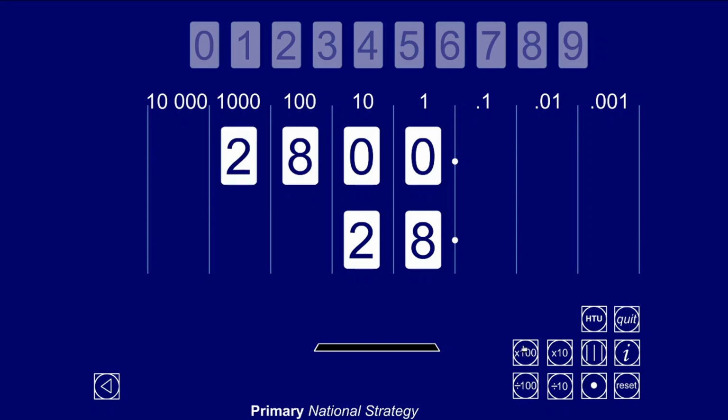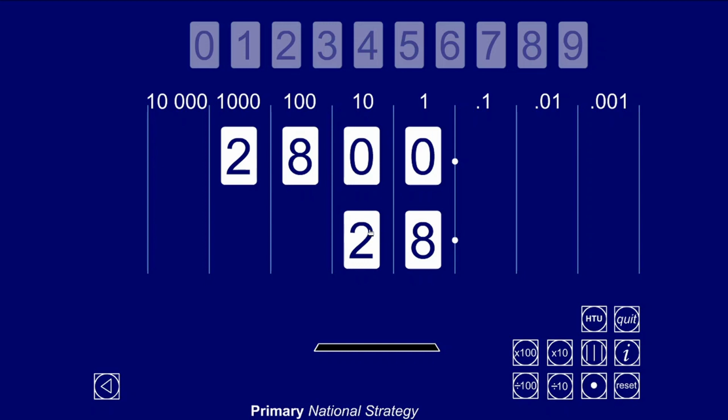Divide by 100, multiply by 100, divide by 100, multiply by 100. Now we can clearly see what's happened. The 2 hasn't got 10 times bigger, it's got 100 times bigger. So that 2, which is worth 2 tens or 20, now becomes 200, 2,000. The 8 also gets 100 times bigger. It goes from 8 to 800.